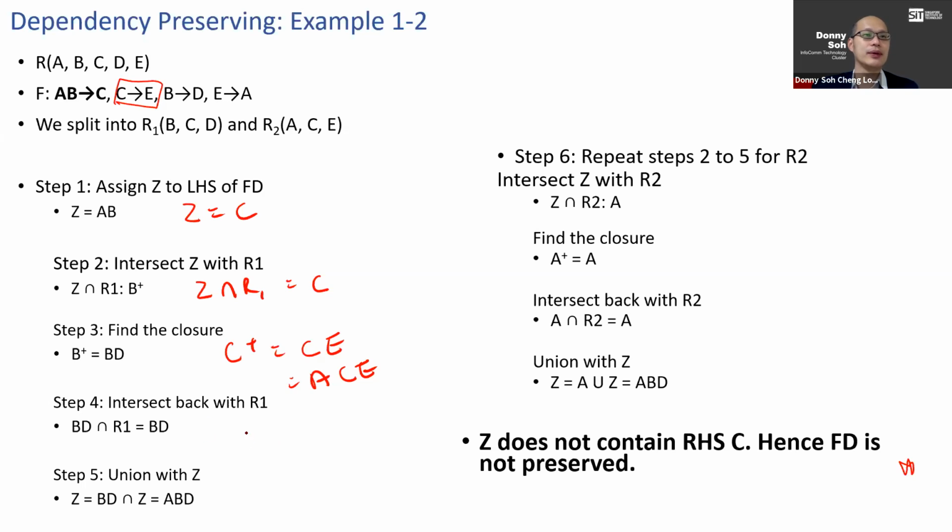And then now I will intersect ACE with my R1, and this is going to give me C only. Nothing else already. So this gives me back C, and I union it with Z, and Z is still equal to C.